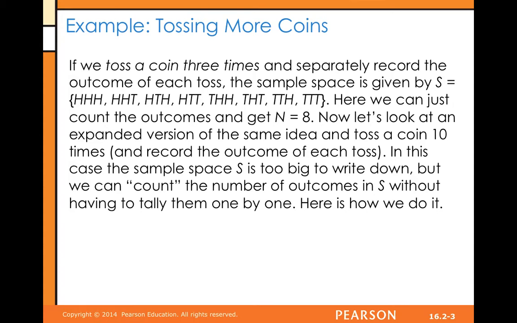Okay, so now let's look at an expanded version of the same idea, but we're going to toss a coin 10 times and record the outcome of each toss. In such an example, the sample space S is really big. So if I were you, I would imagine writing out the sample space for this example, flipping a coin 10 times, and compare and contrast it to this example.